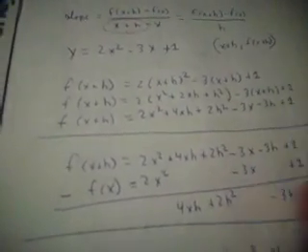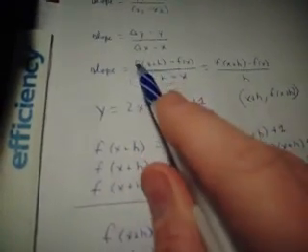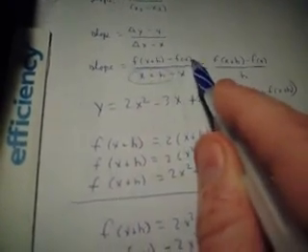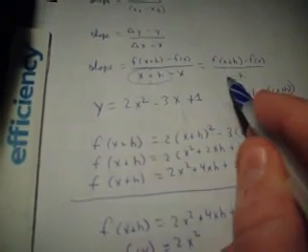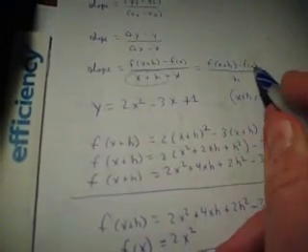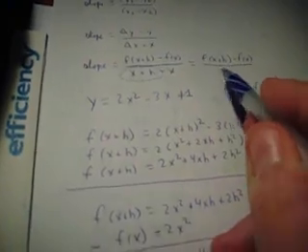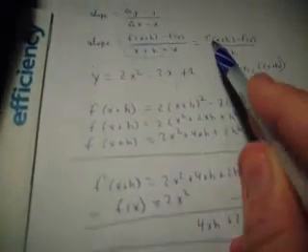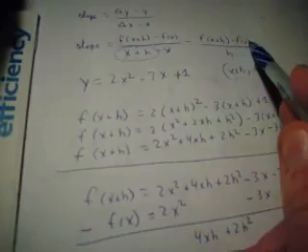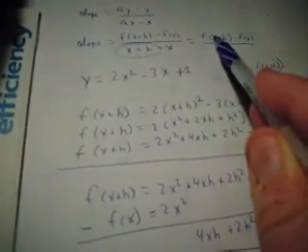And that's everything expanded. Now, if you'll remember from our little division right up here, f of x plus h minus f of x divided by h, we have to subtract this here from this.